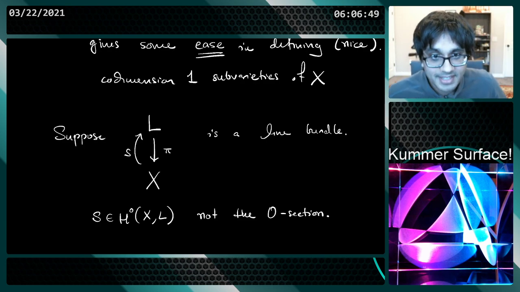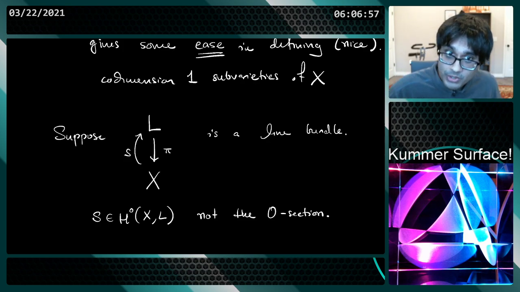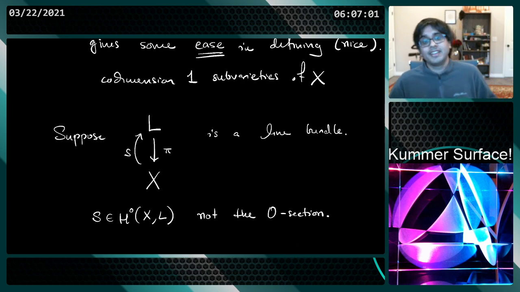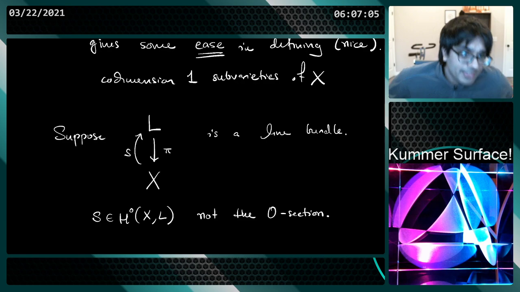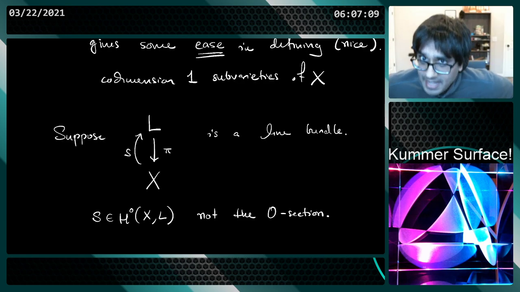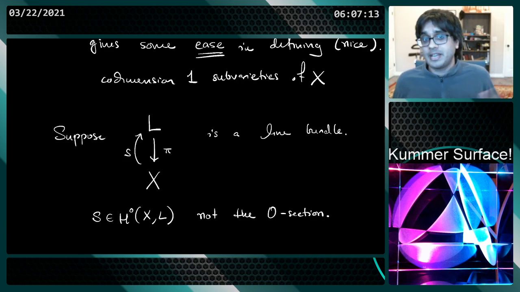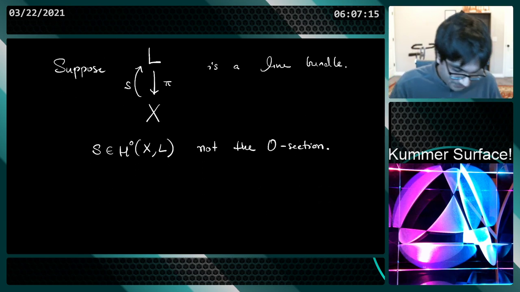Okay? It doesn't mean that S is picking out a non-zero vector everywhere on X. Then we use the word everywhere non-zero section. Okay? Suppose S is not the zero section. Then S defines in a natural way a particularly nice type of subscheme of X.